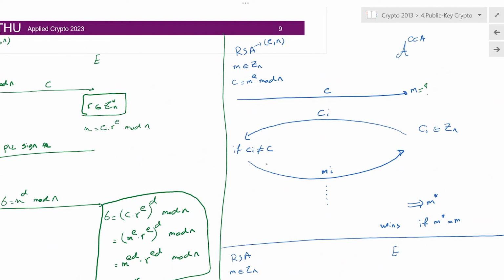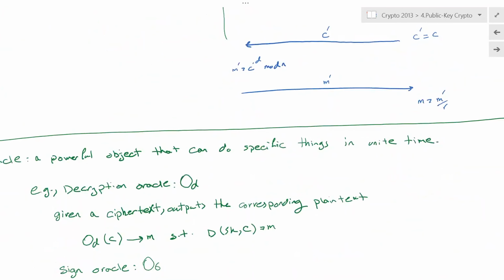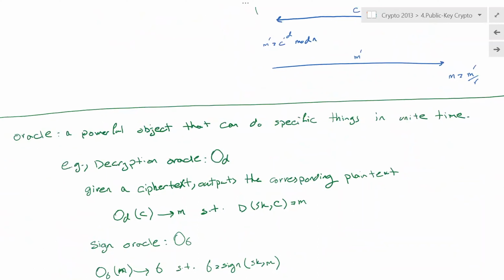Sometimes the party that answers these queries is what we call an Oracle. We said that an Oracle is a very powerful object that can do things in unit time. That means that it is not even polynomial time. It is just unit time. It takes no time to get the answer.